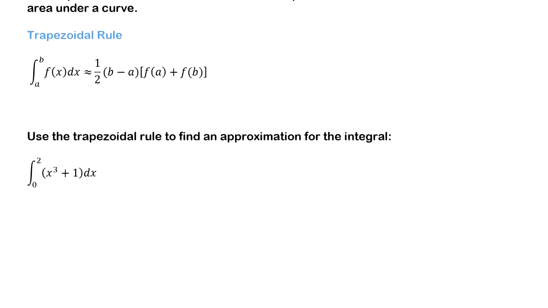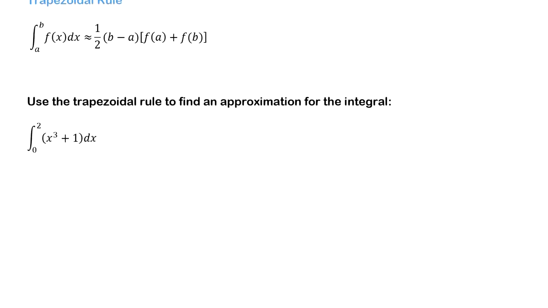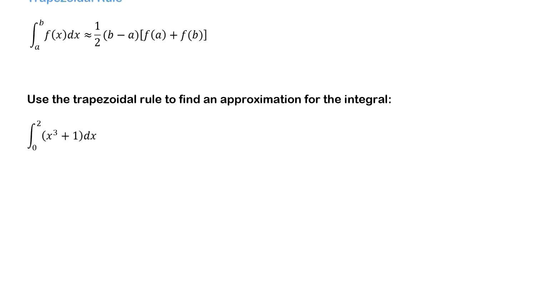So what we need to first do is use the formula above, and we simply replace the values, the b and the a, with our values that we found. Remember, our a is 0 and our b is 2. So using the formula above, we can approximate by replacing these with those numbers.